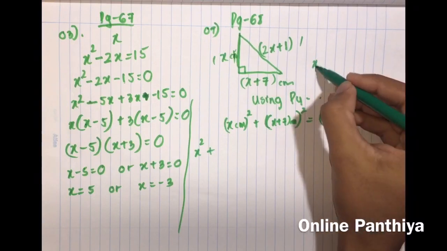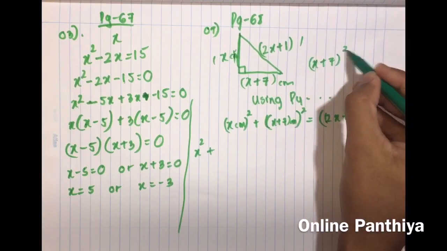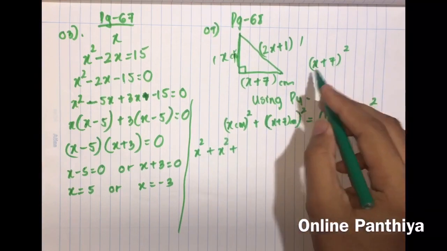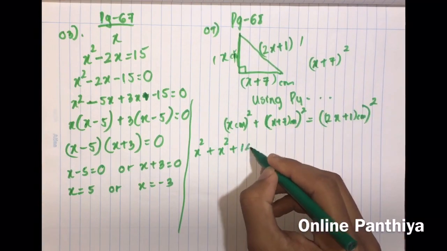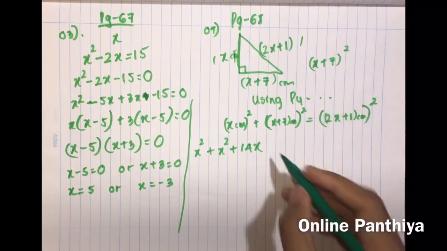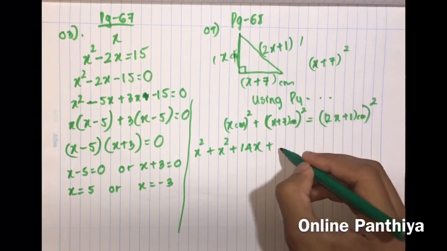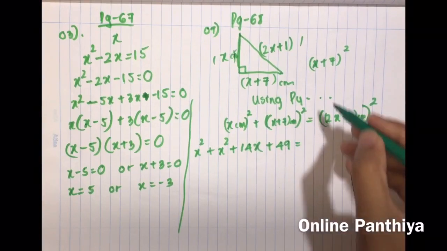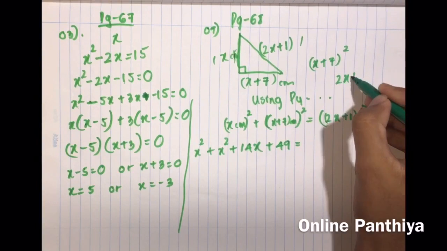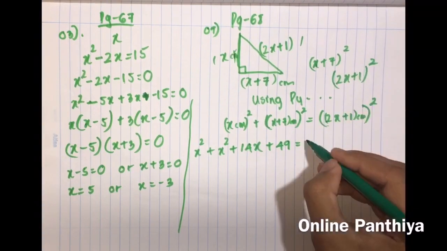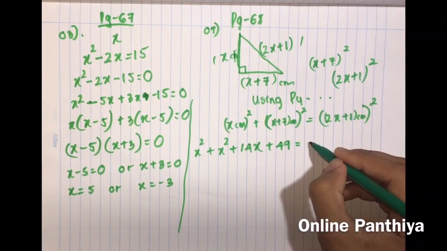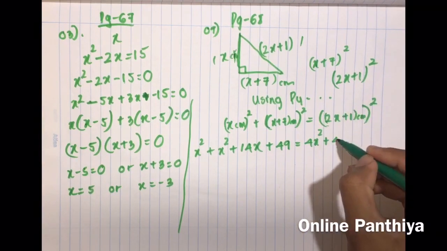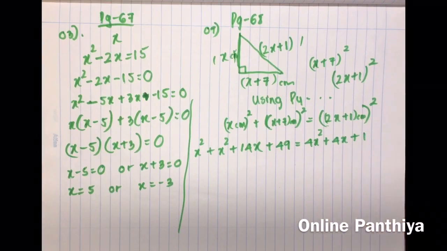This is like x plus 7 whole thing squared. First take the square of the first term, x squared, plus 2 times 7 times x, 14x. You know the way of solving, right? And then the square of the second term, that is equal to 49, equals, square this 2x plus 1. How do you expand? 2x squared is equal to 4x squared plus 4x plus 1.